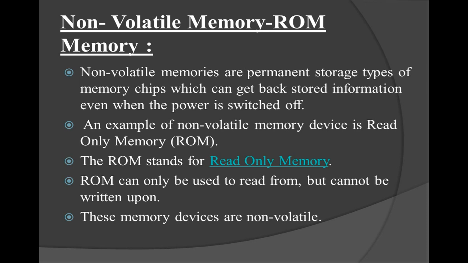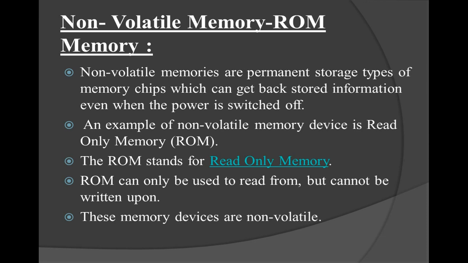We have seen the volatile memory, where power is continuously applied to it, and once the power is cut off, the memory content that was written is lost. But the non-volatile memory stores the contents permanently in the chip, and even if the power supply is cut off, you can still see the contents written into the chip. This is the main difference between volatile and non-volatile memory.